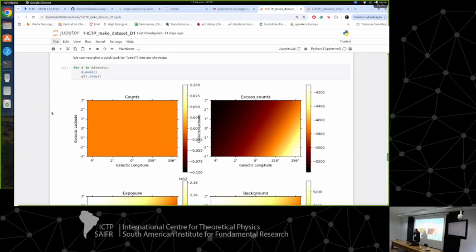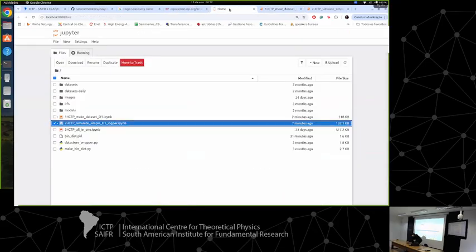So how are we? Did you manage to get it over? Okay, okay. So you can come to this tab here and open the second Jupyter notebook.